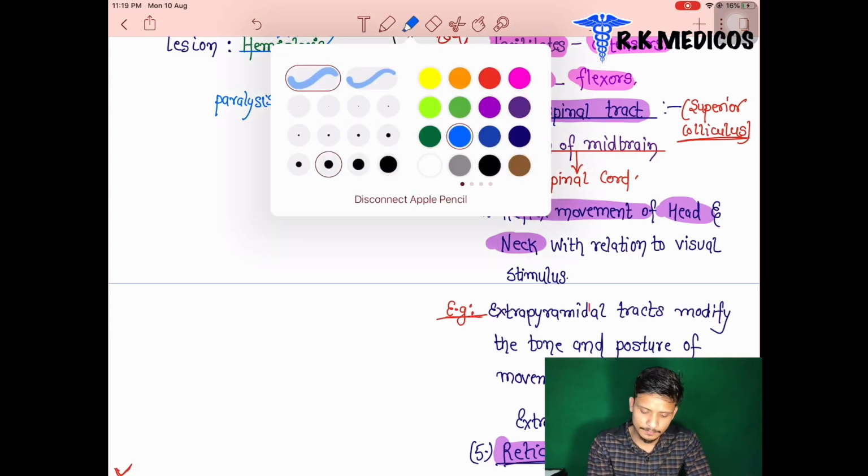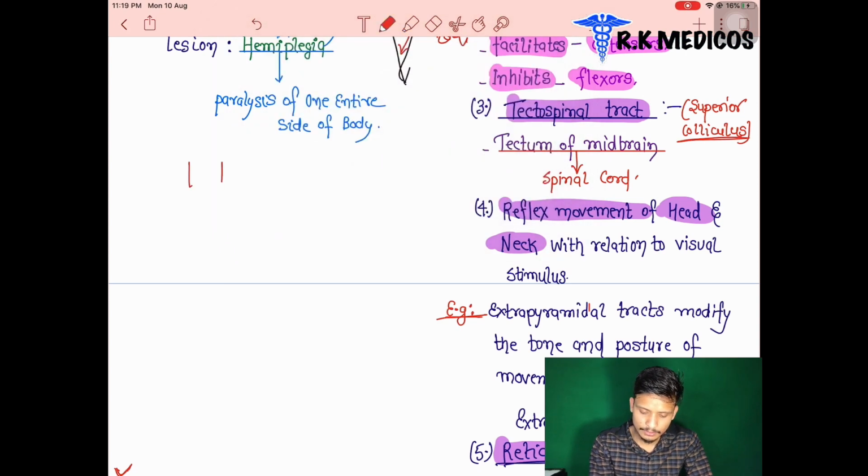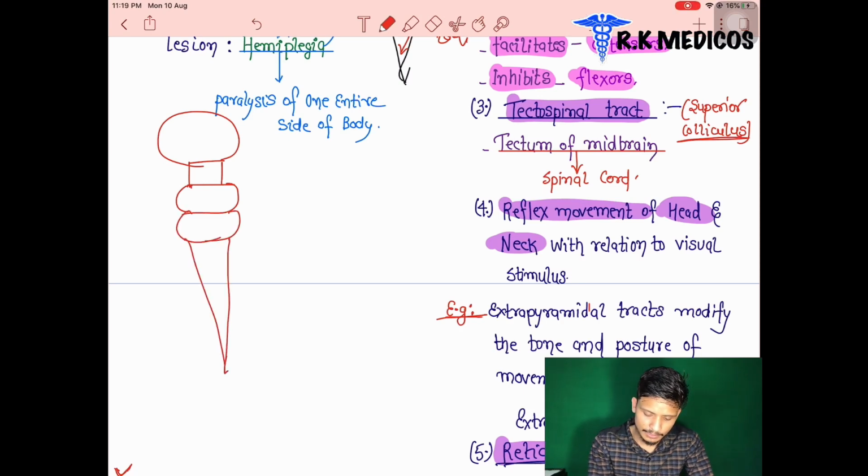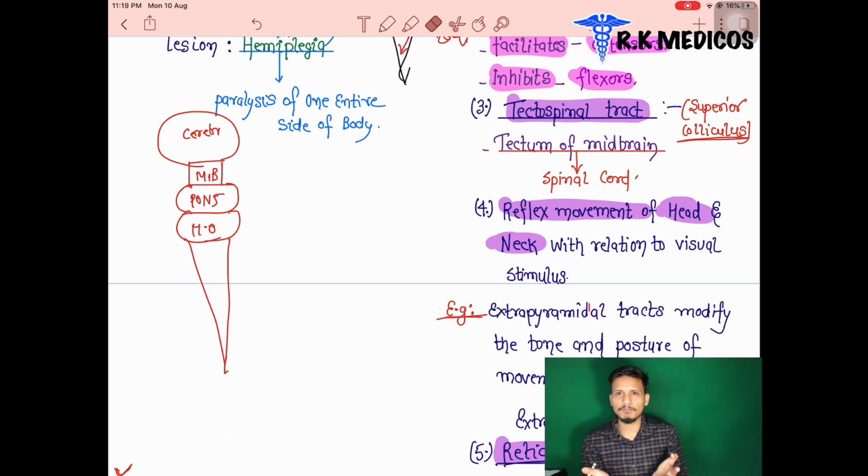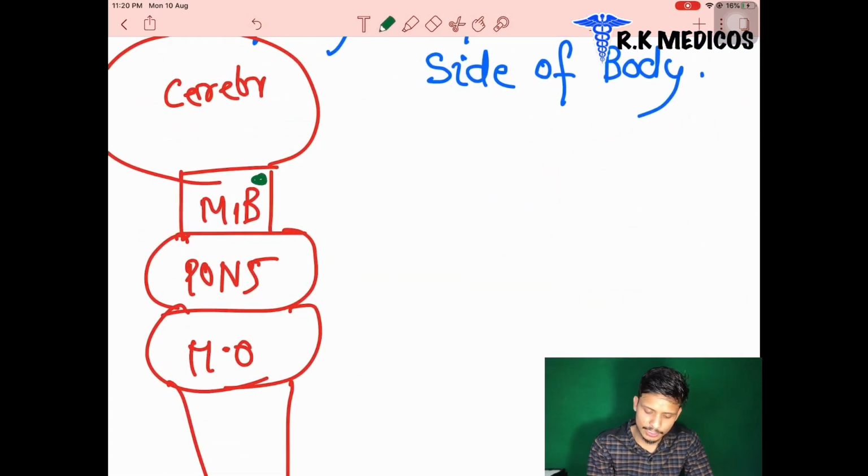We can see here, suppose that this is the midbrain, MB, pons, medulla oblongata, and this is the cerebrum, and this is the cerebellum on the side of the midbrain, pons and medulla. Now we are going to see that in the midbrain two nuclei are present, one in the superior part and one in the inferior part.